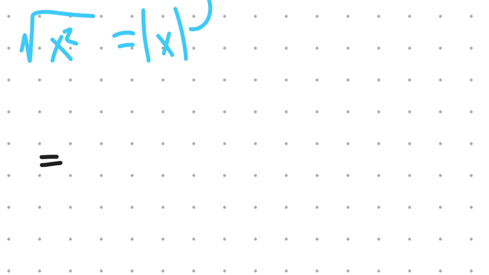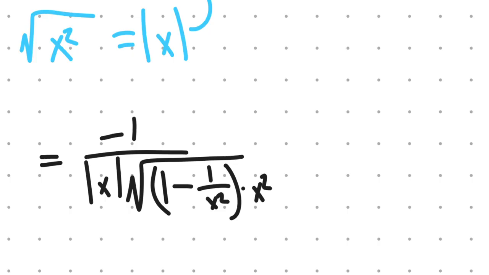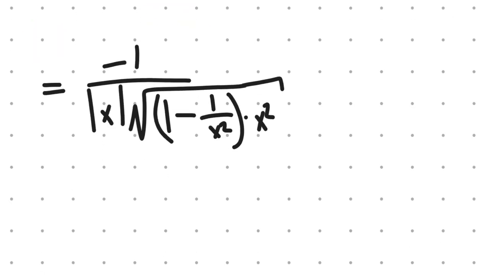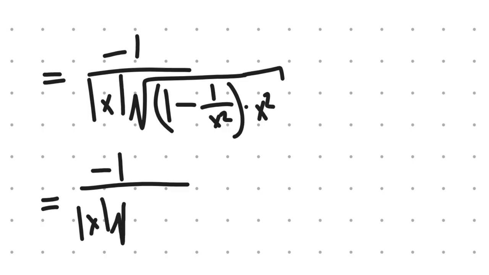So we will just have negative 1 over the absolute value of x times the square root of 1 minus 1 over x squared times x squared. Since we put in the absolute values inside, we have negative 1 over the absolute value of x times the square root of x squared minus 1.